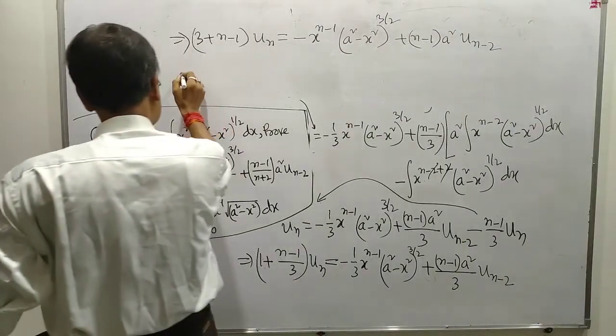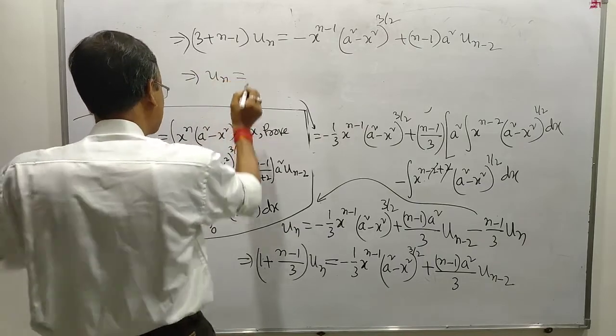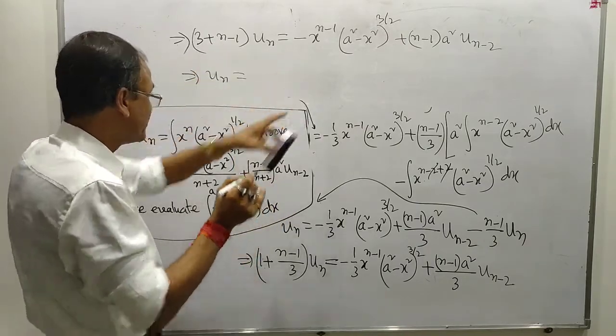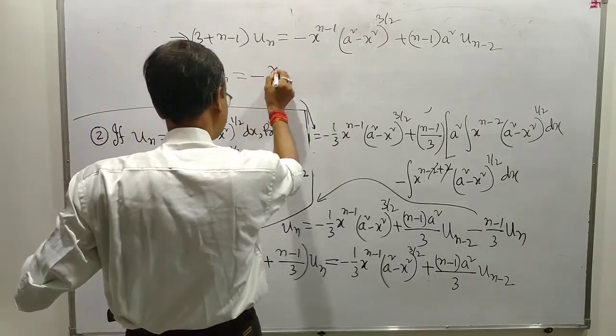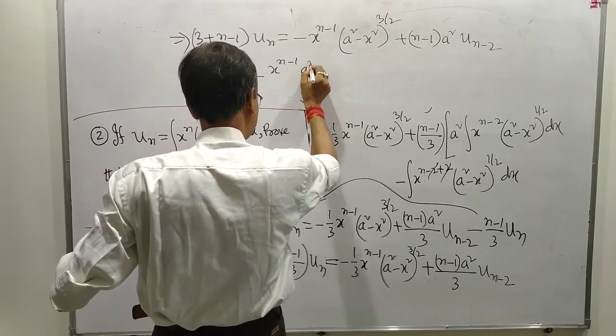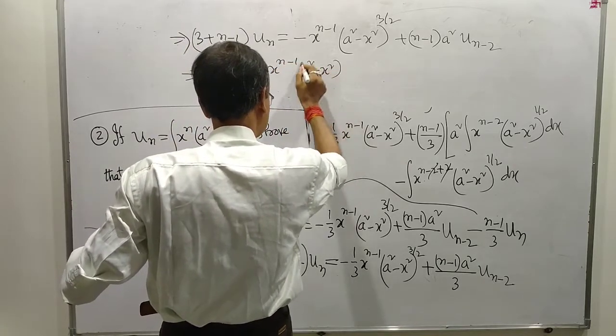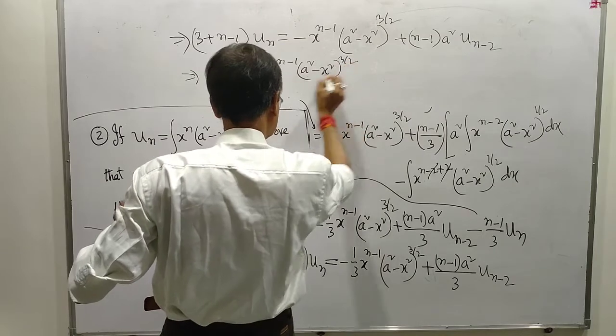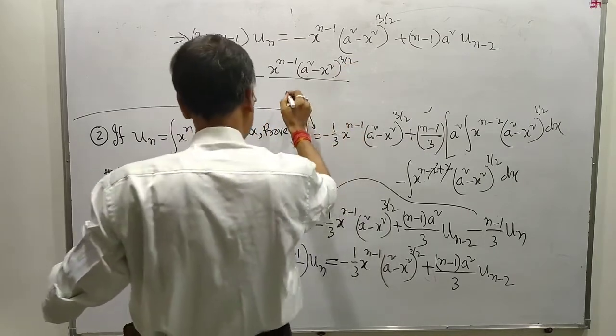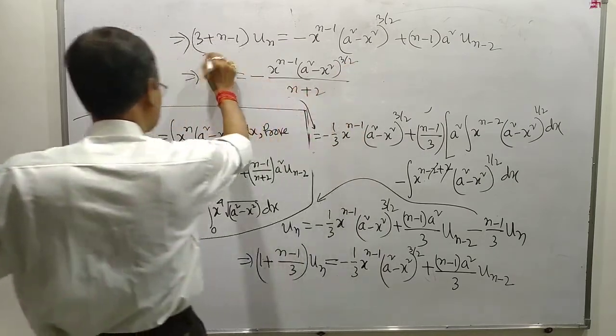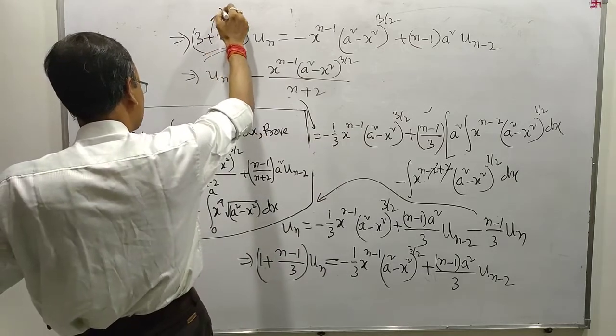This means un equal to what will be this? It is n plus 2 divided by n plus 2. Minus x to the power n minus 1 (a square minus x square) whole to the power 3 by 2 divided by n plus 2. 3 minus 1 is equal to 2, so it is nothing but n plus 2.